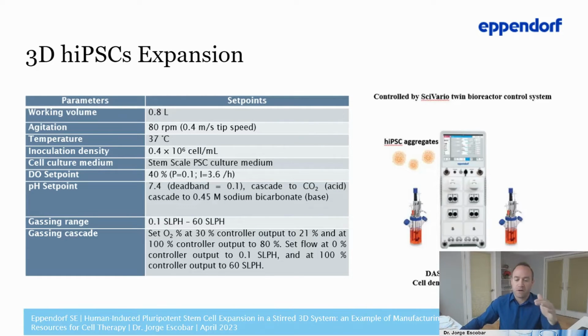Finally, after 24 hours of conditioning, we inoculate the DASGIP 1 liter glass vessel with 200 milliliters of medium containing 400 million cells, at a density of around 0.4 x 10 to the power of 6 cells per milliliter, with 97% cell viability. After that, the inoculation happened.